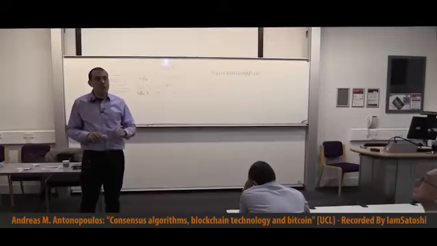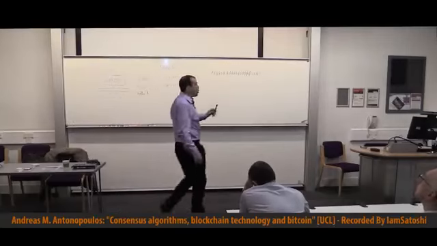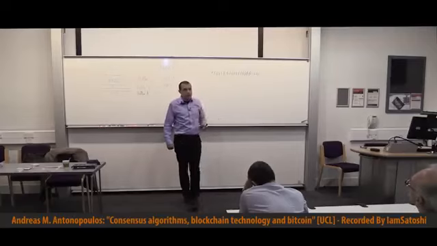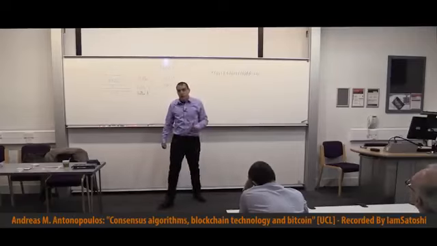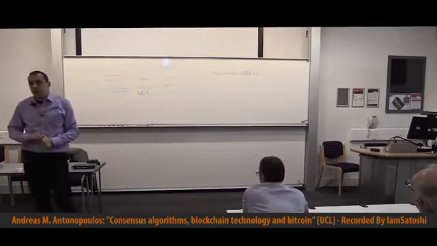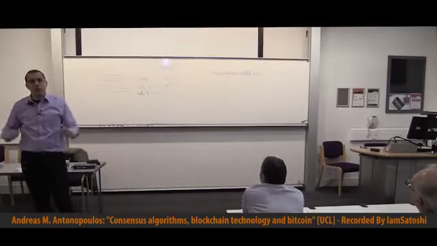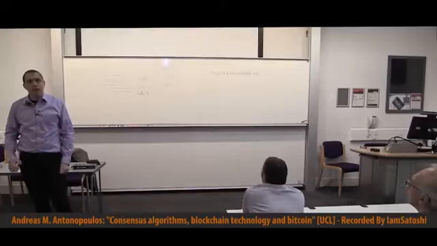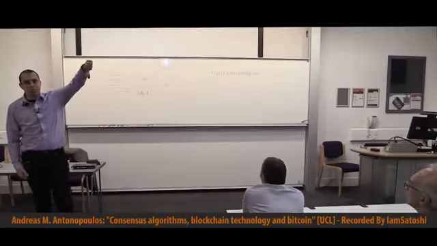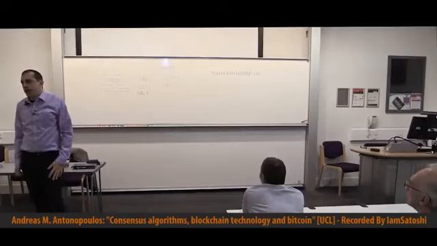Because once they construct that block, they're then going to try and find a nonce that makes its header fingerprint look like this. And they're going to spend a lot of electricity trying to find that nonce. And if they then find that nonce and send it to the rest of the network, and the rest of the network says, sorry, doesn't meet the consensus rules, they just wasted all that electricity.